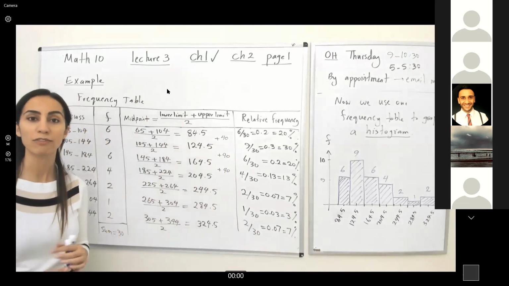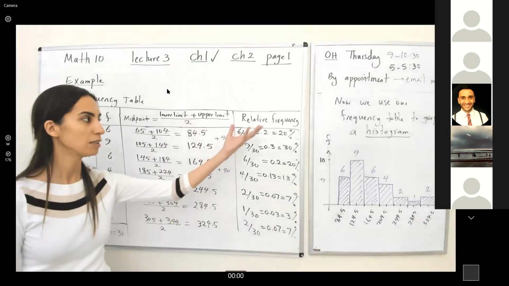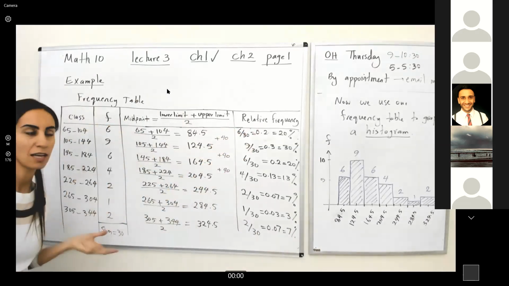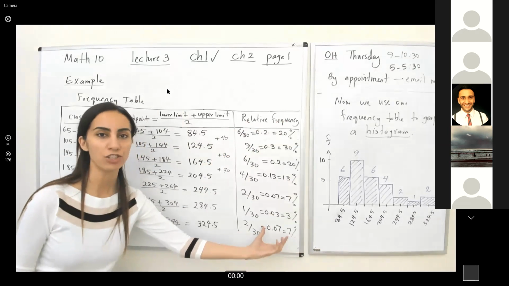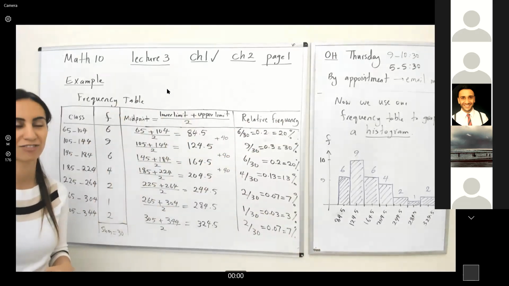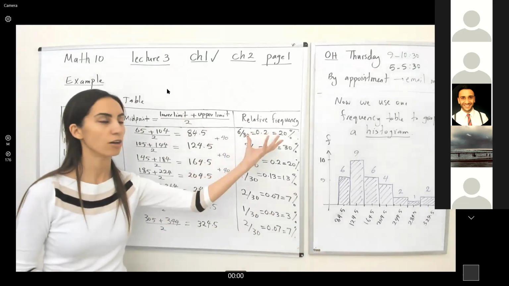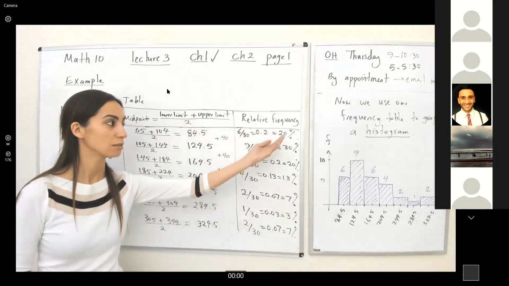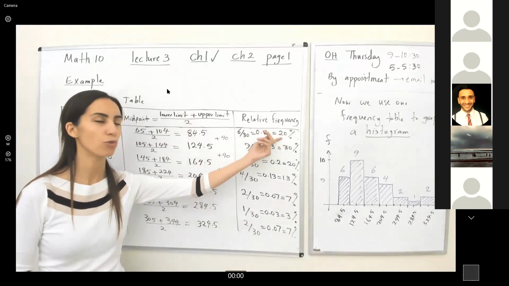So what's the use of that? First of all, you can check each class and the frequency of each class relative to the rest of the data that you have. The relative frequency of your first class is 20%.